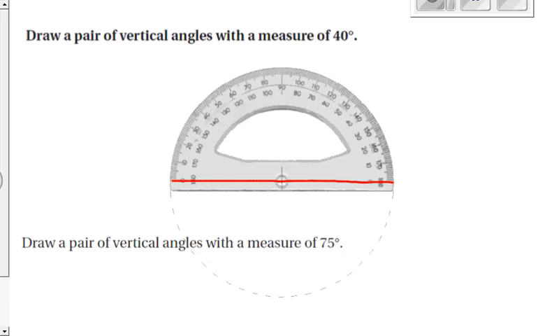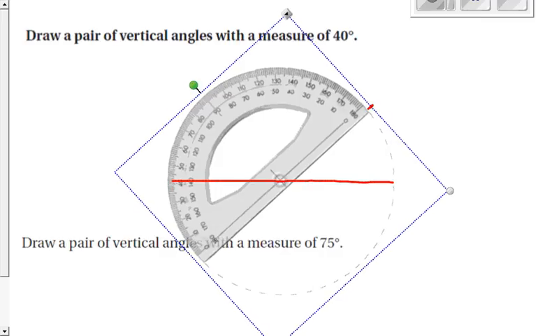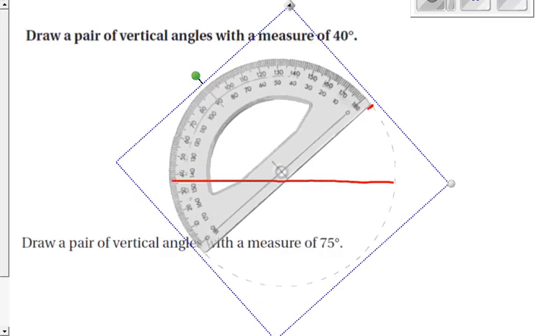So my 40 degrees is right here. What I now need to do is take my protractor, turn it, and draw some straight lines. These straight lines are going to help me to get my vertical angles. So I'm going to turn my protractor. Doesn't have to be perfect.